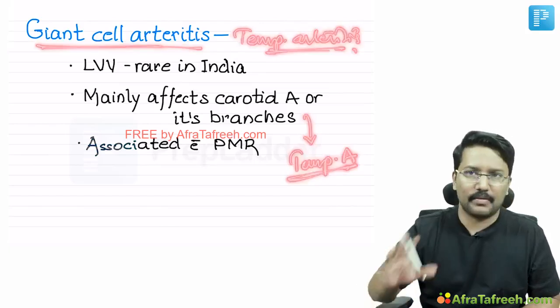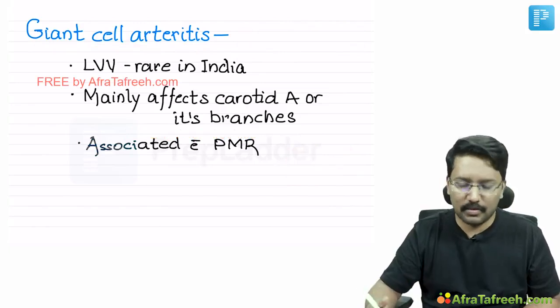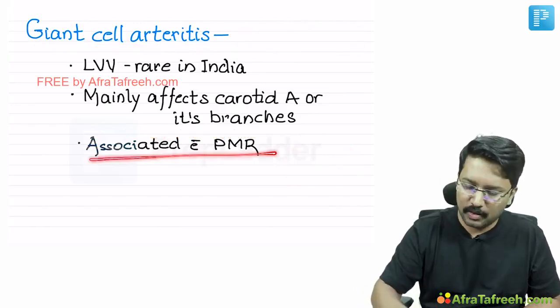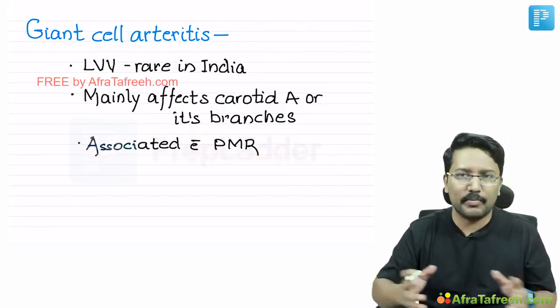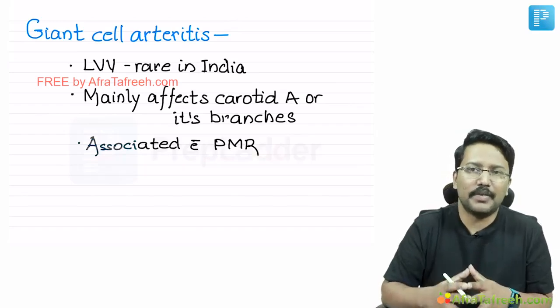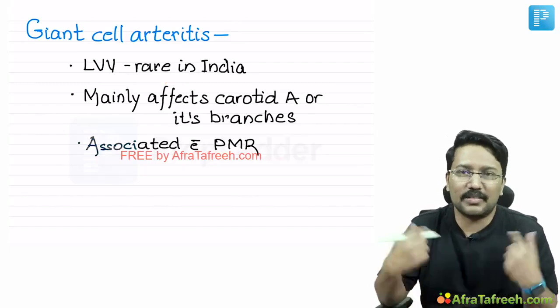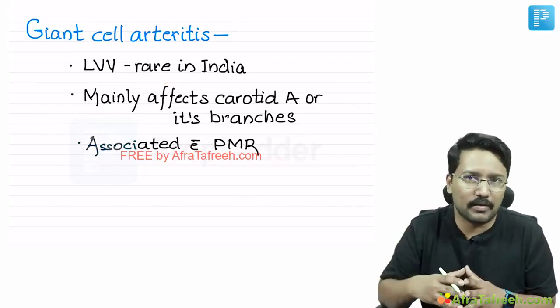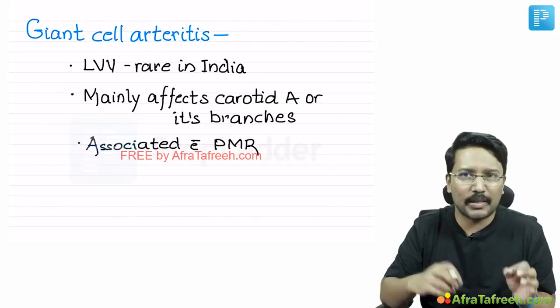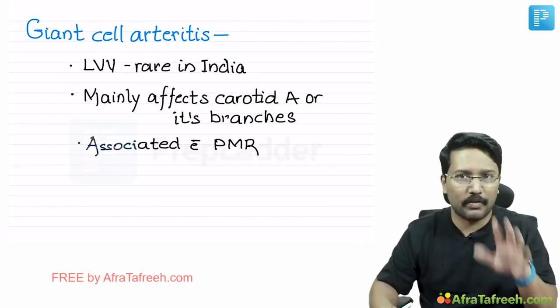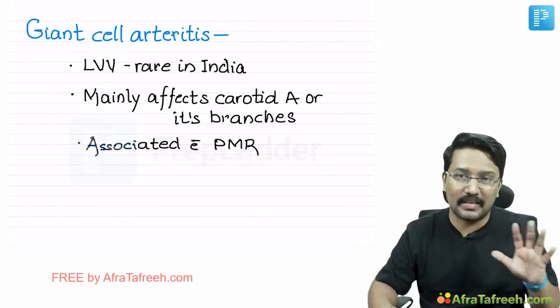One more important point to note about this disorder is the strong association with polymyalgia rheumatica. What is polymyalgia rheumatica? That is a condition where patients present with pain and tenderness of muscles and structures around the shoulder girdle and hip girdle, right? This disorder is separated from fibromyalgia by the presence of increased ESR.